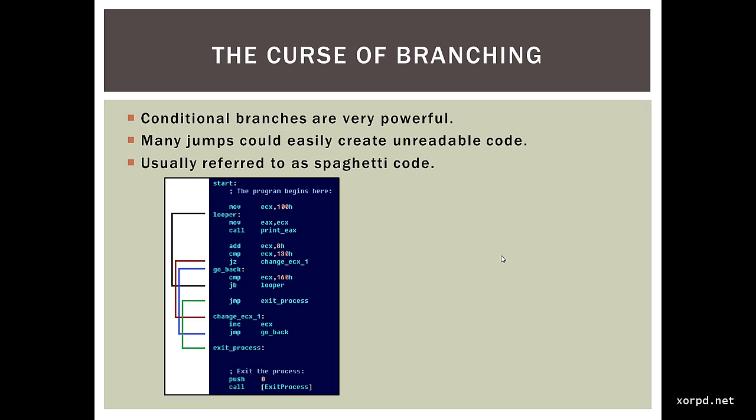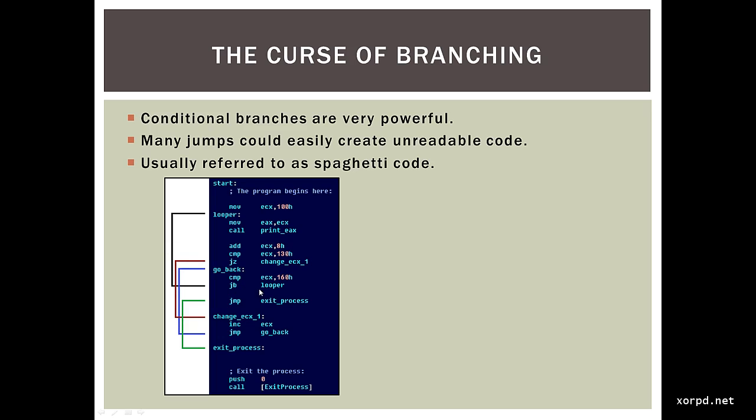This is a pretty short piece of code. I took it as a screenshot from my Vim editor. We can see in the left pane, I tried to create a sketch of the origin of jumps and their destination.